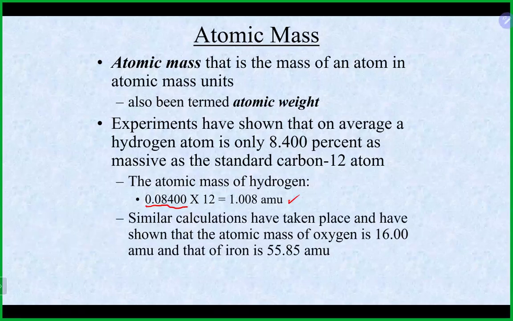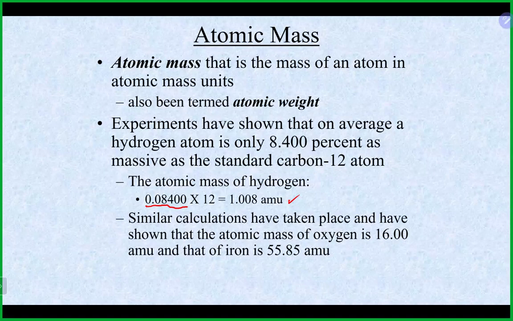Similar calculations were done for other elements: 16 AMU for oxygen, 55.85 AMU for iron.